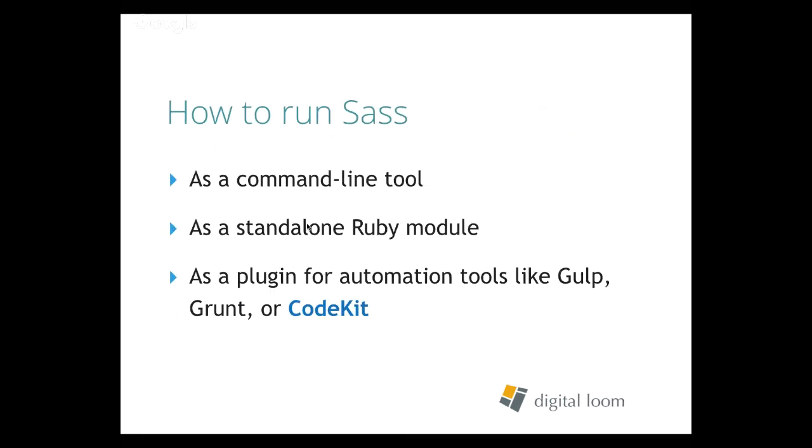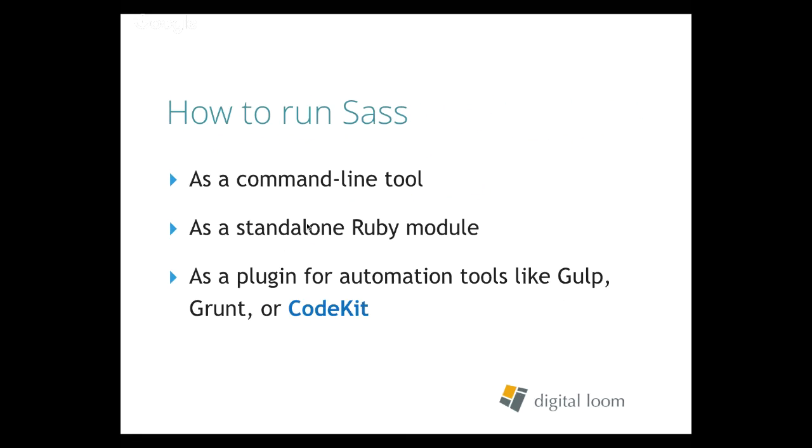Sass is a piece of software that can run in three main different ways: as a command line tool, as a standalone Ruby module, which I sort of know what it is, but not entirely certain. I mean, I've installed it that way, but that's not how I run it. How I do run it is as a plugin for my automation tool of choice, which, as you can guess, is actually CodeKit.